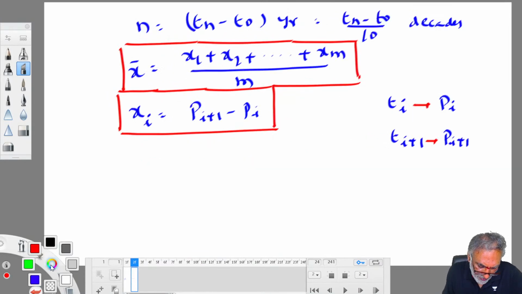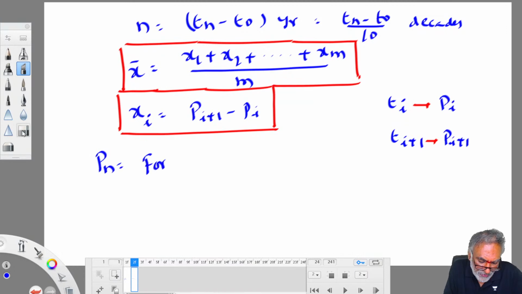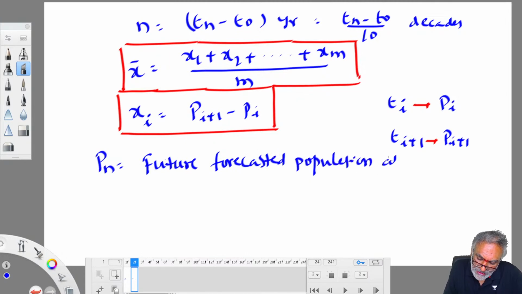Pn is the future forecasted population at the future time Tn. At present we are at T0, and the present population is P0; the future population you have to find out.